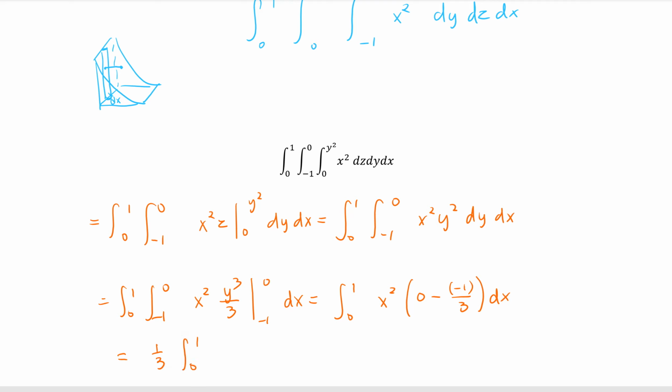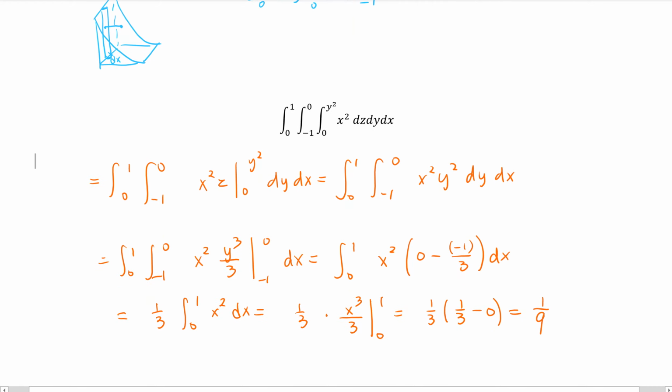So we can pull out the 1/3, and then we have the integral of x squared, which is x cubed over 3, evaluated from 0 to 1. So we plug in 1 first, minus we plug in 0. So the answer is 1/9. So far so good. So the volume of this solid equals 1/9.